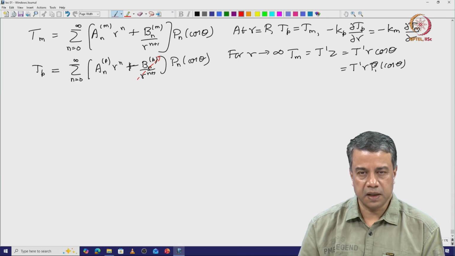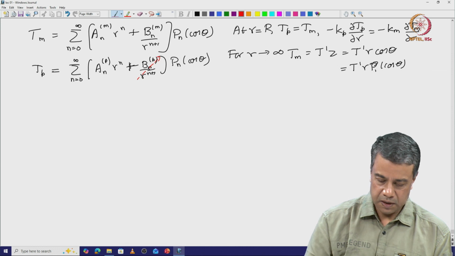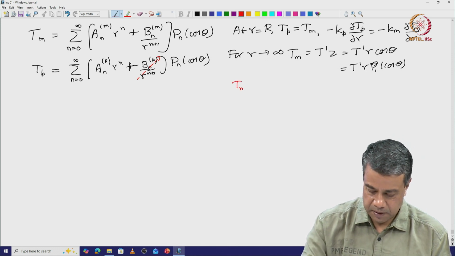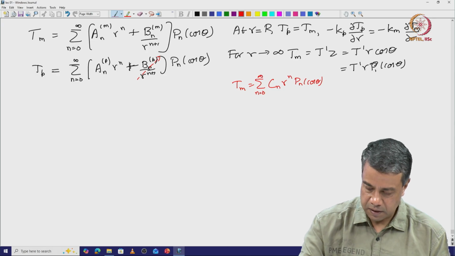Further, we were looking at the temperature field due to the Legendre polynomials. Okay. So, this solution T prime z, T matrix can be written as summation of C n r power n P n of cos theta, n is equal to 0 to infinity.